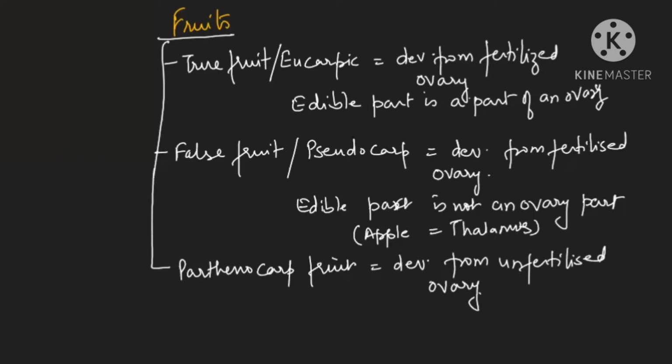True fruits and false fruits both develop from a fertilized ovary, but parthenocarpic fruits develop from an unfertilized ovary. The difference between true and false comes from the edible part: here the edible part is an ovary part, but here it is not. Clear?